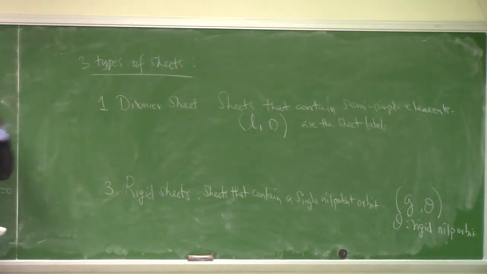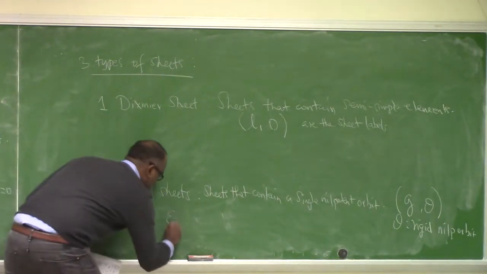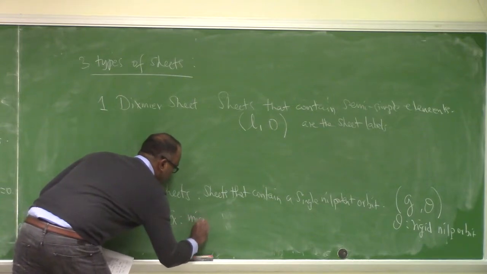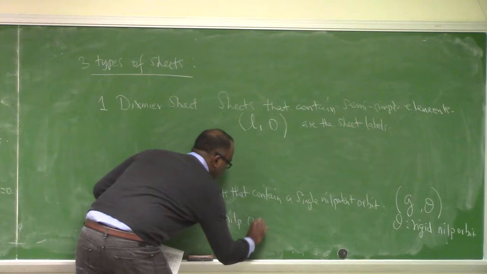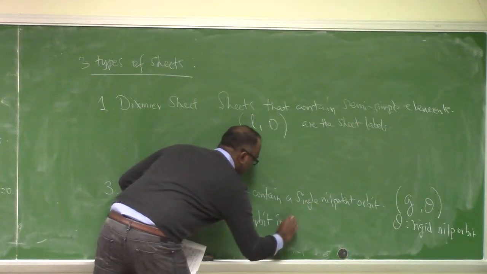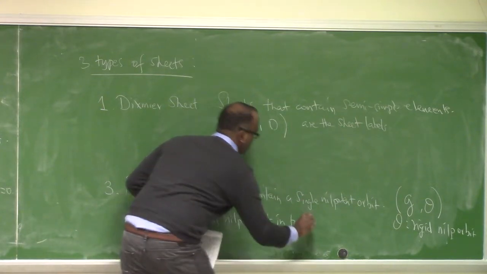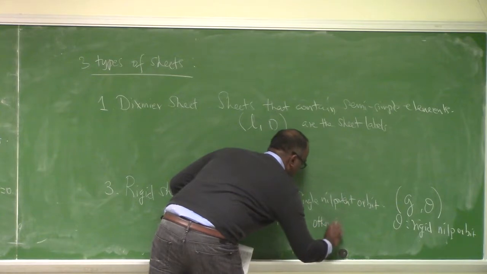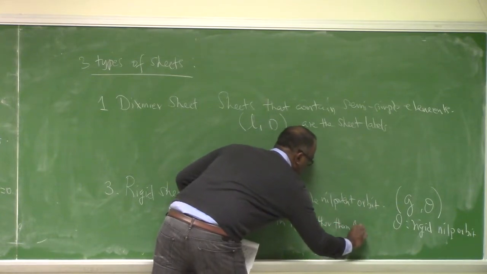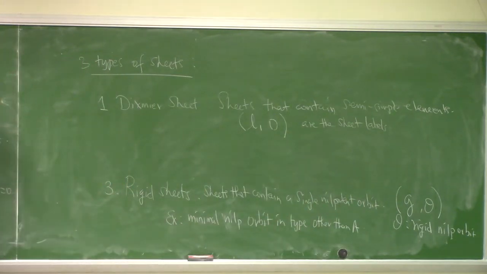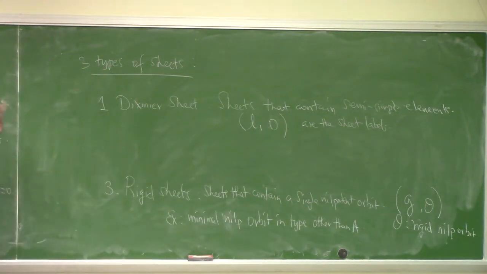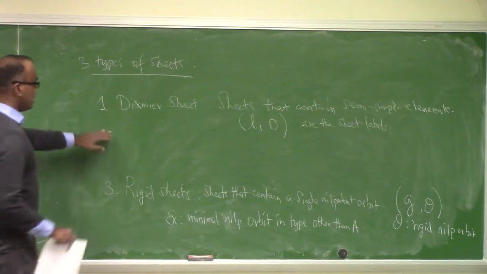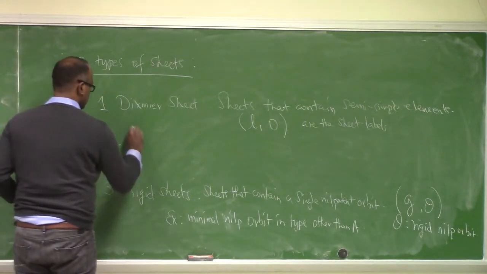An example of a rigid nilpotent orbit is the minimal nilpotent orbit in every Cartan type other than A. By minimal, I mean the smallest non-zero nilpotent orbit. So that's always rigid.